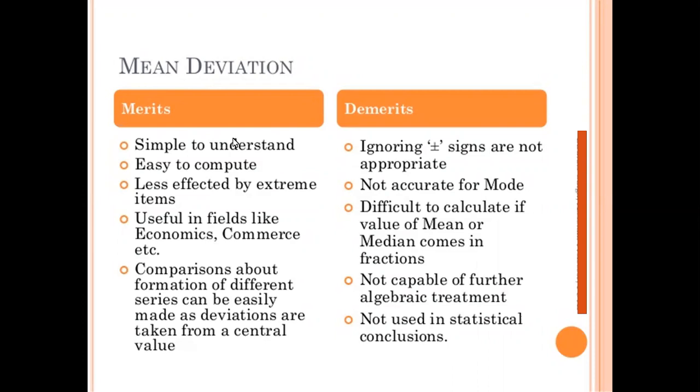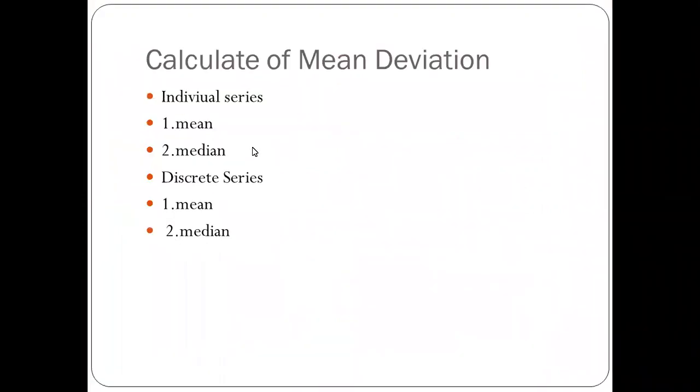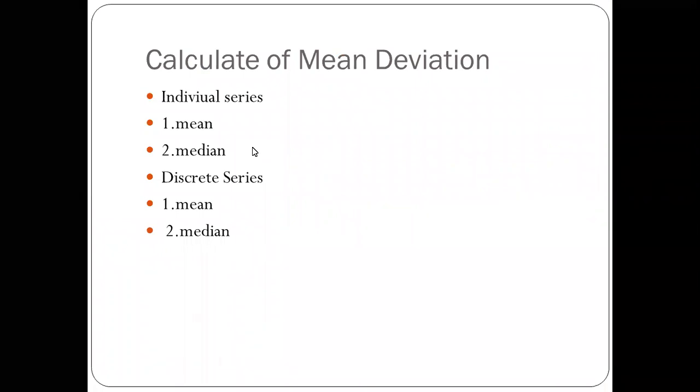So now we start with the individual series. Basically, there are two sections, mean and median, in the individual series and also in the discrete series. So let's start with the individual series, mean and median.